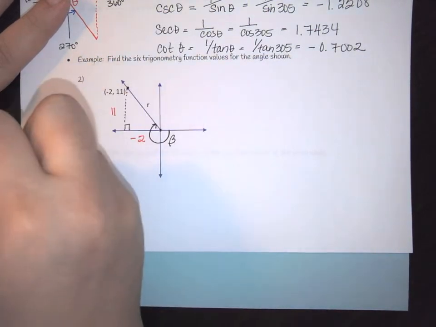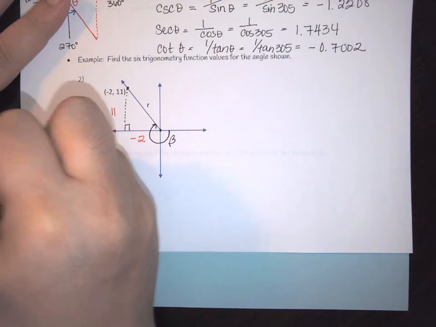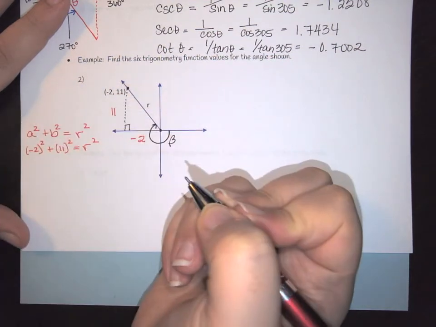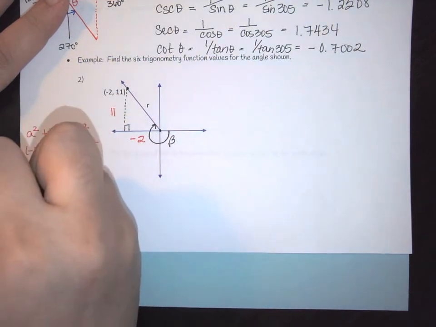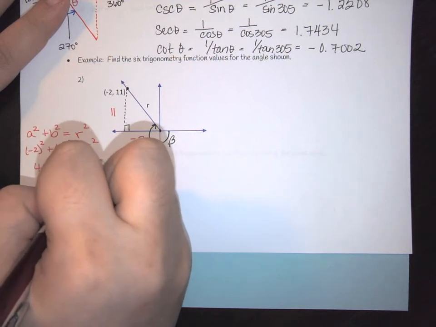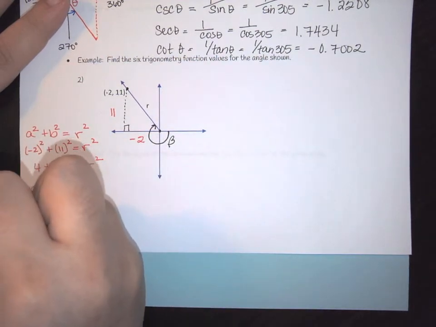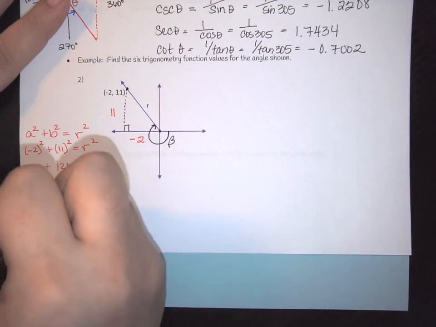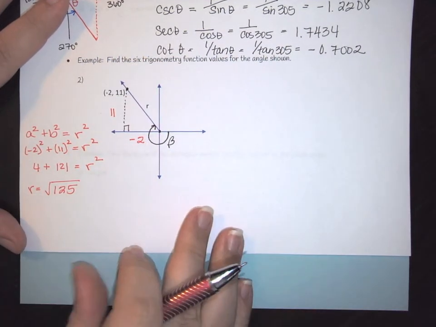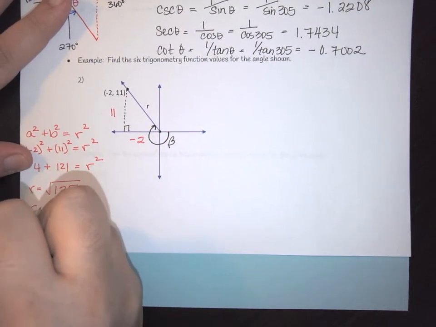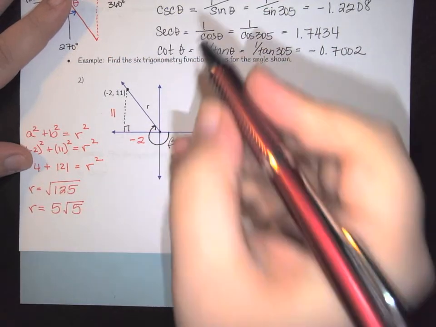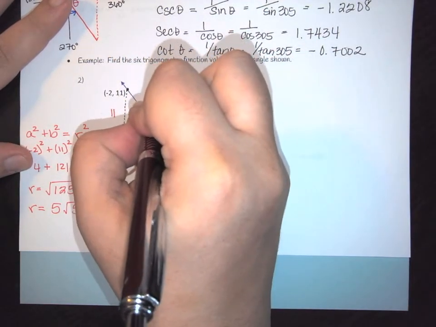So with that, I've got negative 2 squared plus 11 squared equals r squared. So here we're going to have 4 plus 121 equals r squared. So r is going to give you the square root of 125. So when we do that, we end up with that r is going to be 5 square roots of 5. So that's what goes right here. This is 5 square root of 5.